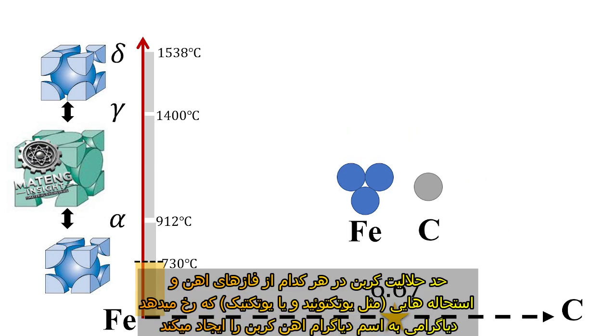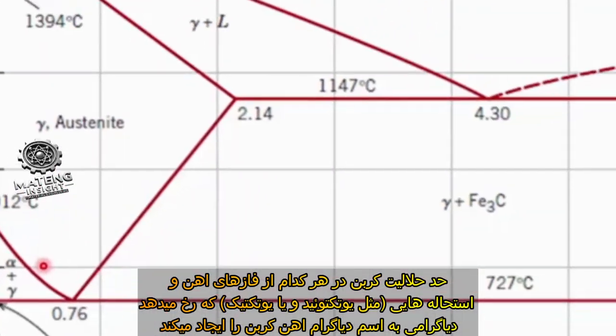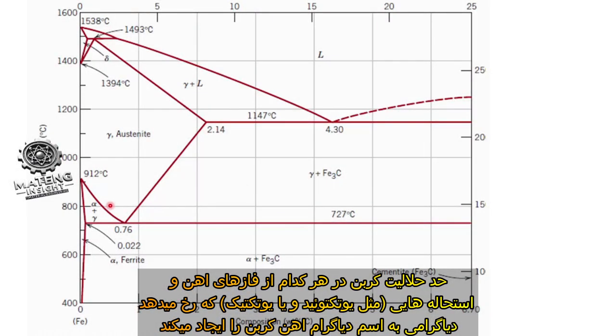The solubility limits of carbon in each ferrous phase and transmissions like eutectoid or eutectic that occur during heating or solidification create a diagram called the Ferrous Carbon diagram.